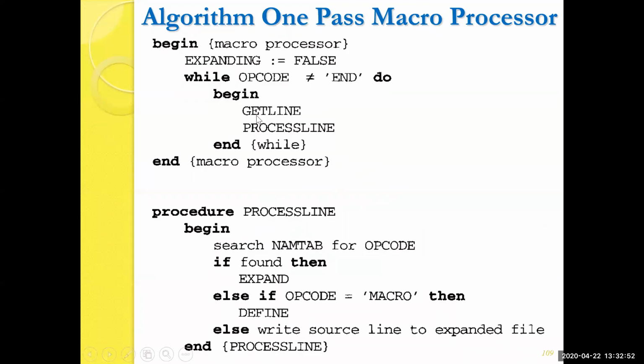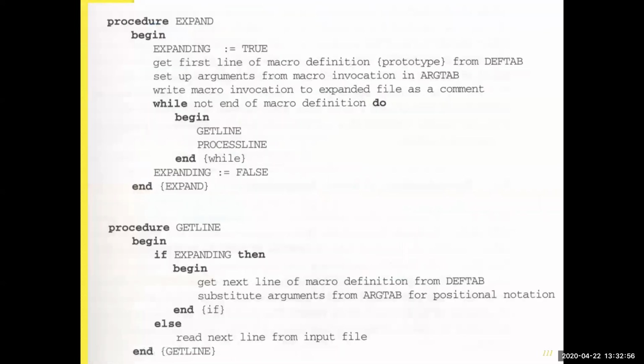As I mentioned earlier, the function of getLine procedure is to get the next line. So the getLine procedure examines the variable expanding, and if it is set to false, it reads the line from the input file. While if expanding is true, it fetches the next line not from the input file but from the definition table. And as a line is fetched from the definition table, it examines if the line that is currently being fetched has a parameter or a positional notation.